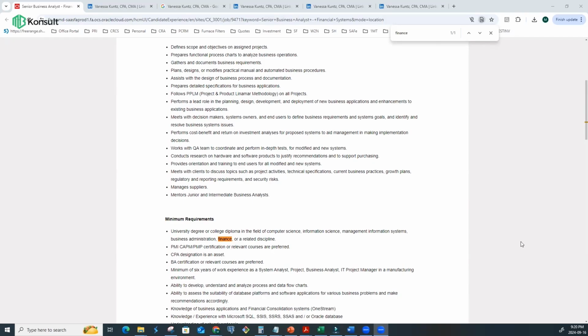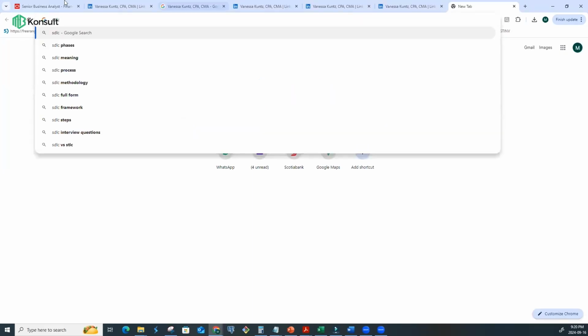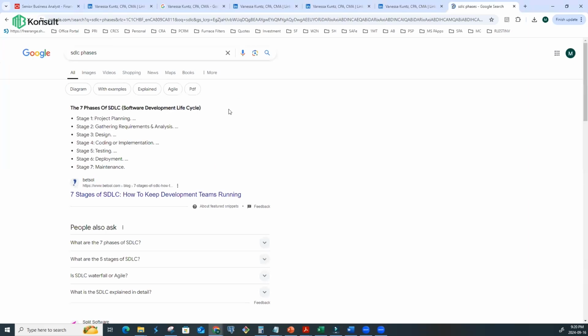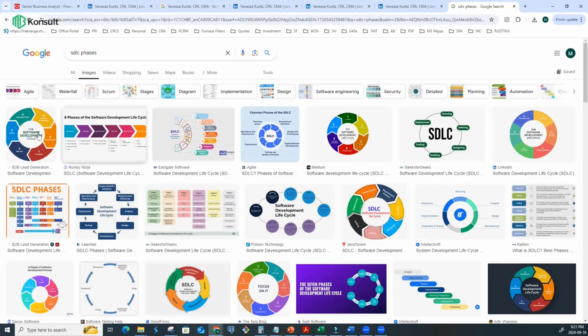That's the concept of SDLC, right? Based on my knowledge, SDLC is basically a methodology for software delivery. We can pick any one of them; it doesn't really matter, as long as you understand it.